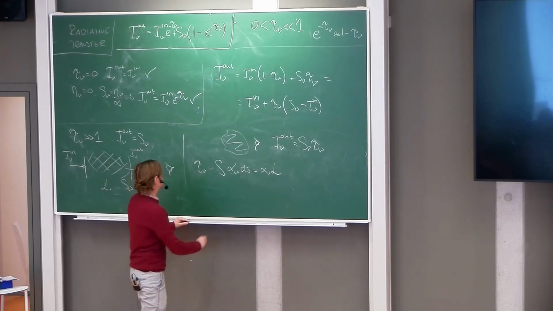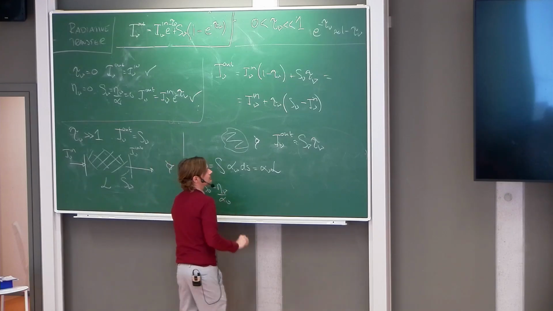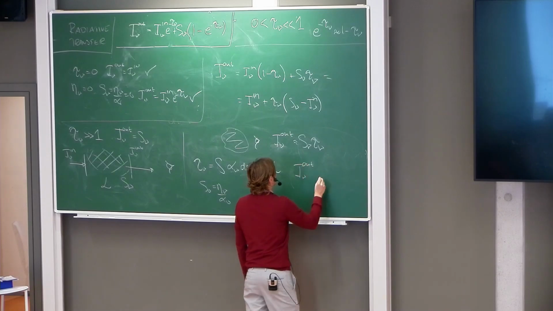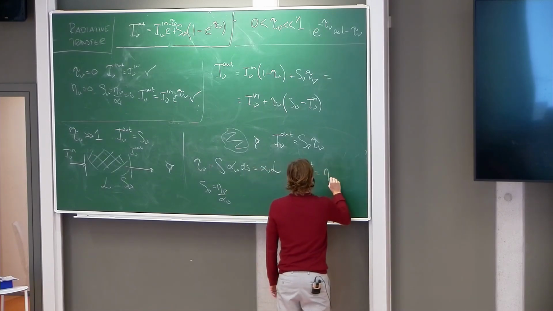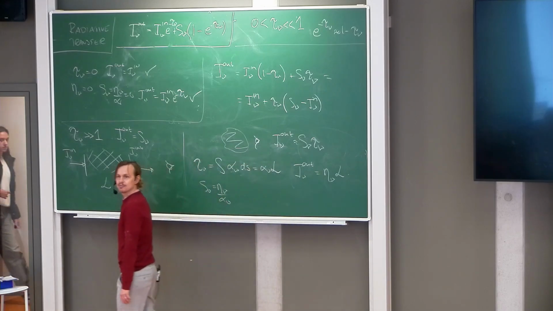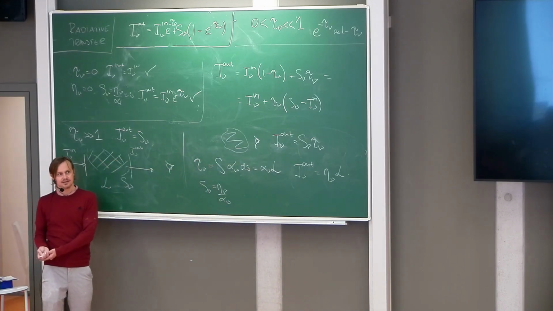But the source function, of course, is eta_nu divided by alpha_nu. So we can see that I_nu out is just the emission coefficient times the length of the slab, which should also be intuitively clear.